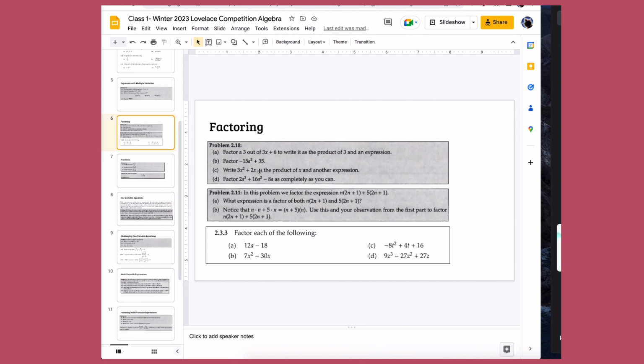So I'll let you guys try out 2.10 C and D on your own, and then I'll go over it.